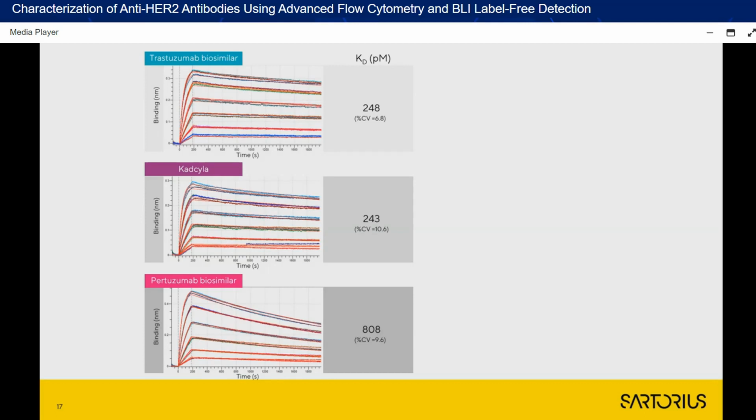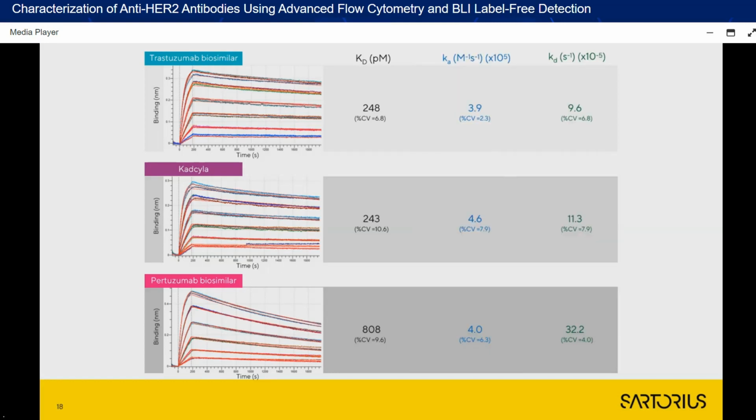And what we saw was that the KD for the trastuzumab biosimilar and the Kadcyla were pretty similar, which was what we expected really, because obviously they both contain the same variable region. So really we're measuring the same interaction between the protein and the antibody. But for the pertuzumab, we did see about a 3-fold increased KD, indicating a 3-fold lower affinity.